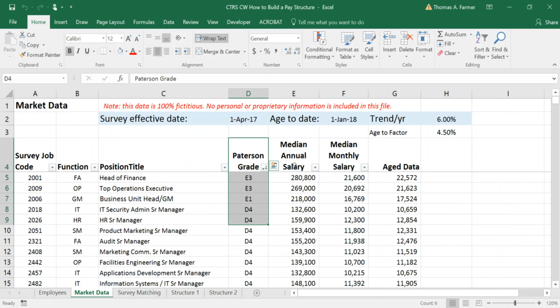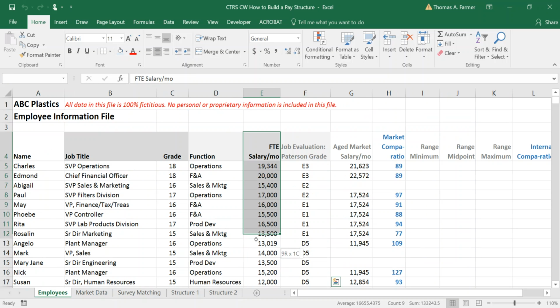Now the market data also, in addition to the Patterson grade, which is used to confirm the level of the match, it also has the annual salary. Most published surveys give you annual salary. I'm going to build ranges for monthly salary, which is convenient because my employee salaries are already on the system as monthly, which is typical here in Asia.